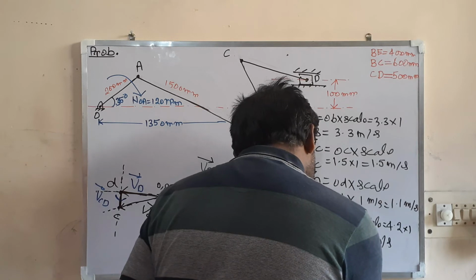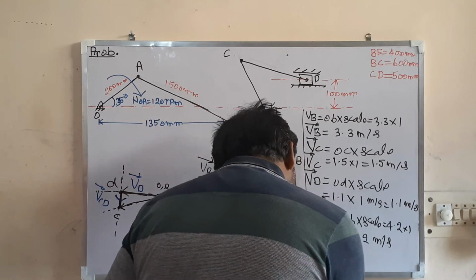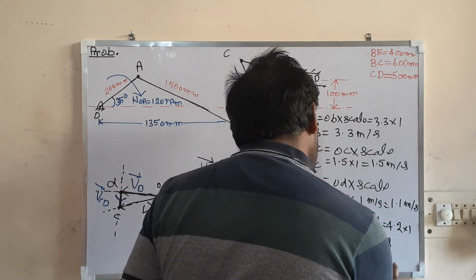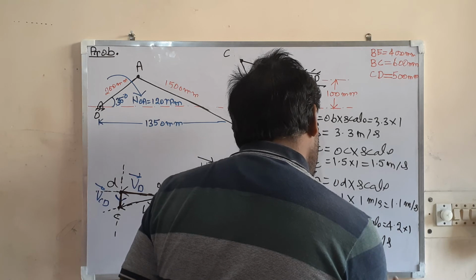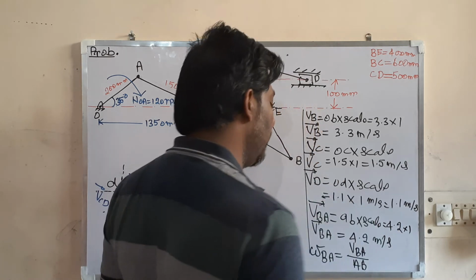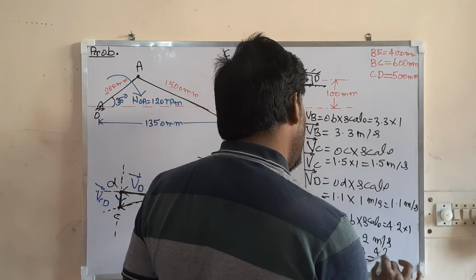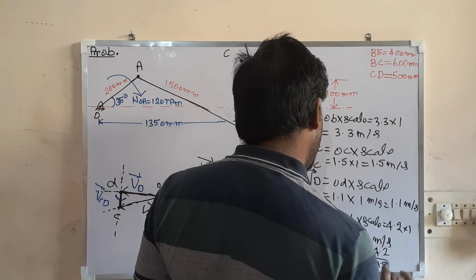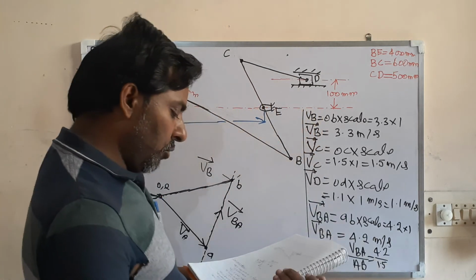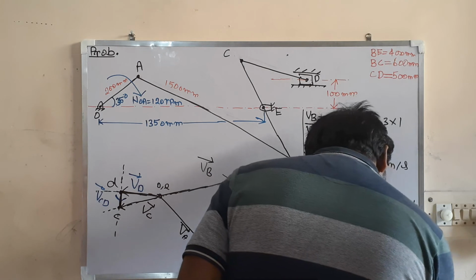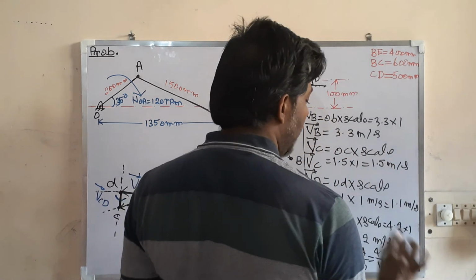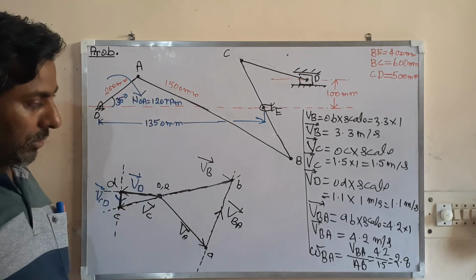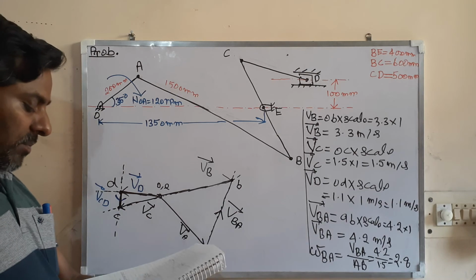This is the velocity of point B with respect to A. So angular velocity of link AB is VBA divided by AB, that is 4.2 divided by 1.5 meter. By solving you are getting 2.8 radian per second. So angular velocity of link AB is equal to 2.8 radian per second.